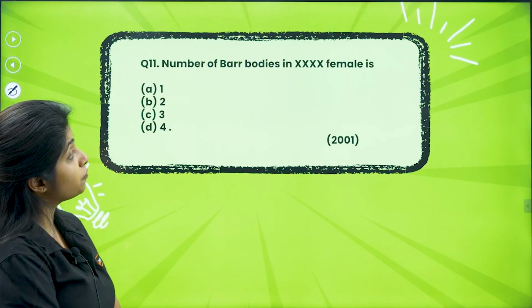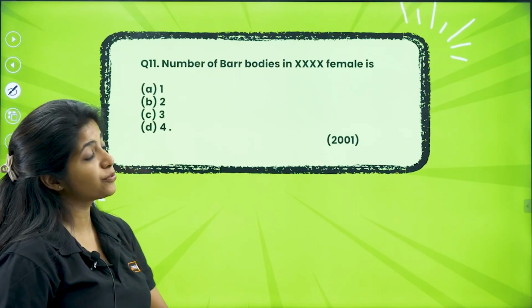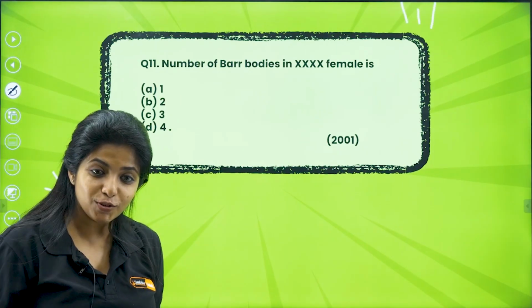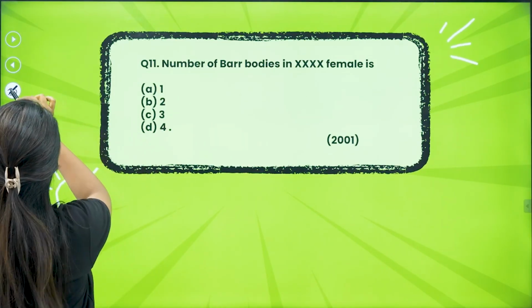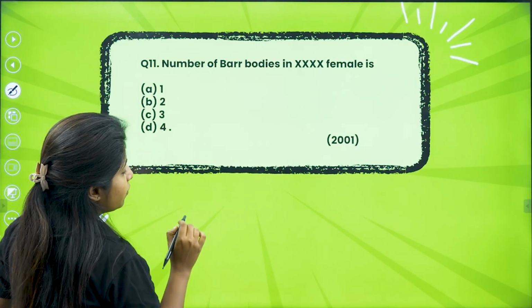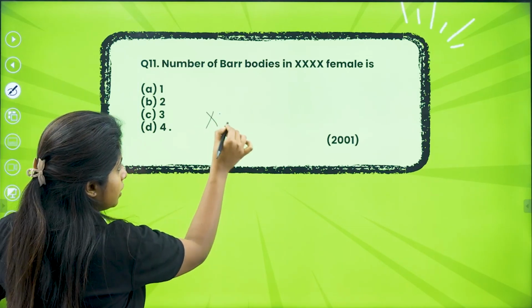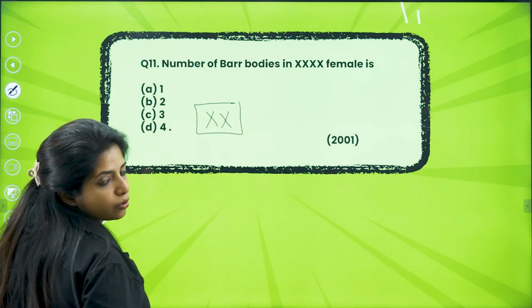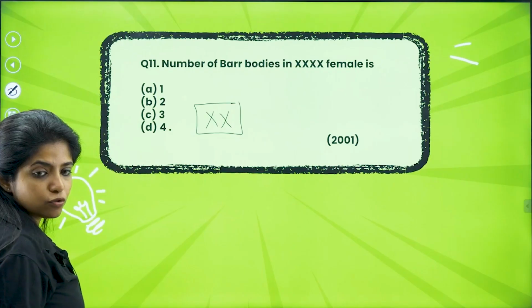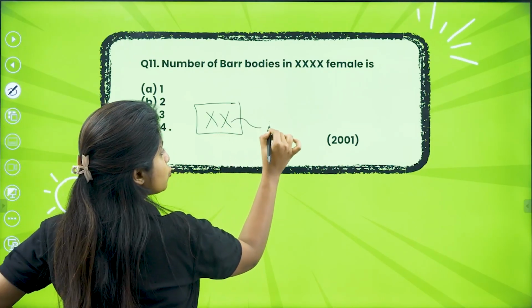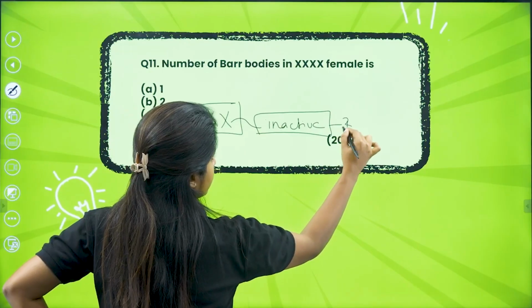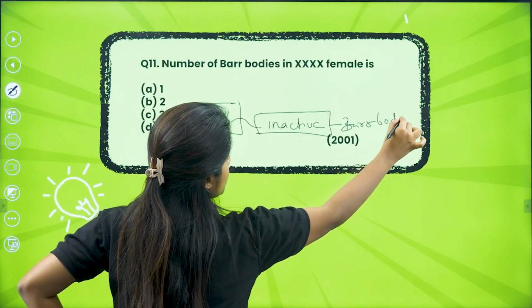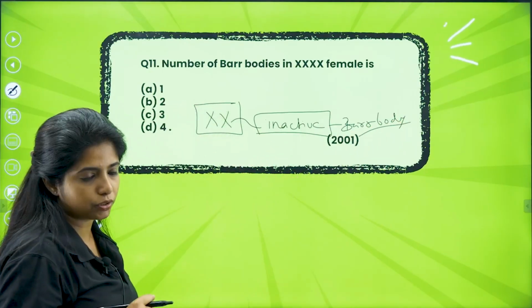Now, number of Barr bodies in XXXX female. Now this is again a new thing. How do we answer it? Let me tell you. When you say XXXX, understand a very important thing. When a woman is born, she has XX chromosomes, right? Both X chromosomes are not active. One X chromosome becomes inactive and turns into a Barr body, which looks like a spot in the nucleus, my dear children.